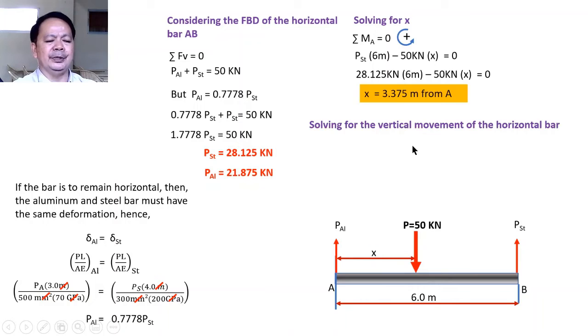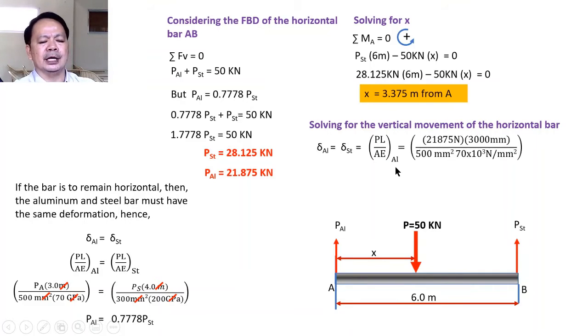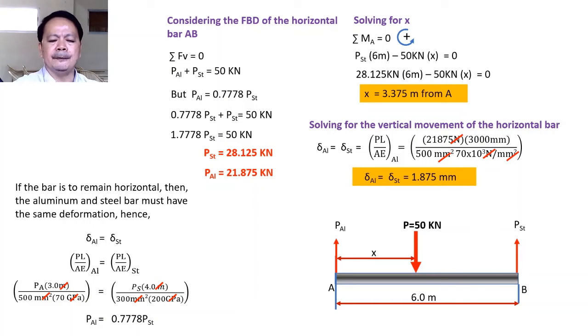To solve for the vertical movement of the horizontal bar, the deformation of aluminum being equal to the deformation of steel, using the formula PL over AE, our equation becomes 21,875 Newton multiplied by 3,000 millimeter divided by 500 square millimeter divided by 70 times 10 cube Newton per square millimeter, and our deformation becomes equal to, if Newton will cancel as well as square millimeter will cancel, the resulting unit will be 1.875 millimeter.